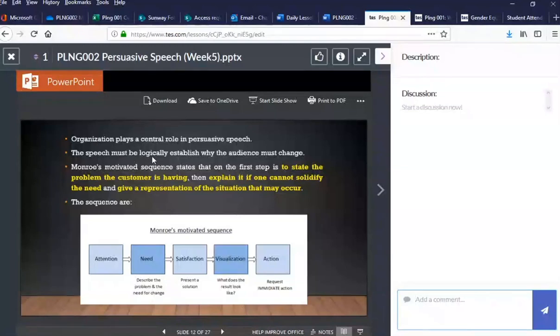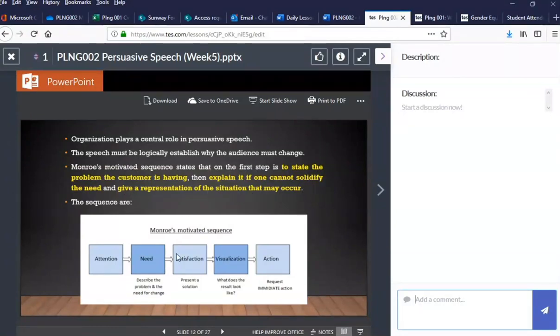The speech must logically establish why the audience must change. That is why the organization here is very important. It states the problem first and explains the need, and gives a representation of the situation that might occur.